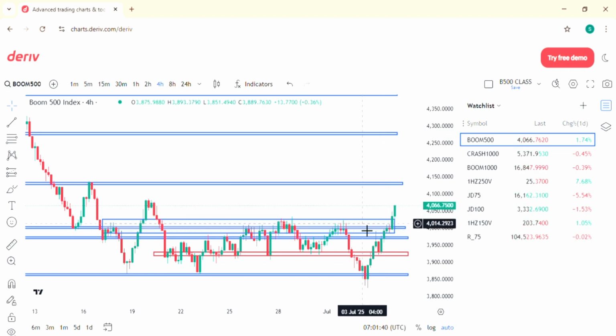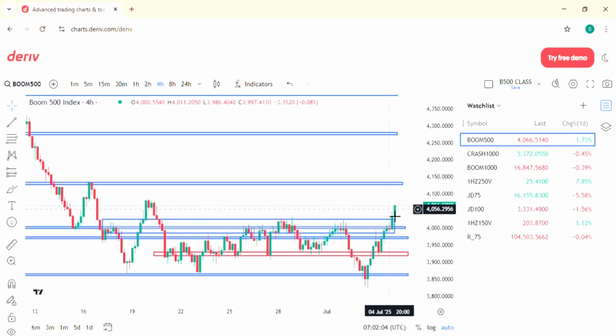Now, this is the resistance zone from the 4 hour time frame. And we see this inside bar candle closing as an indecision candle, meaning that buy pressure is still in the market. Even if you enter the trade here, you will still be in profit till now.